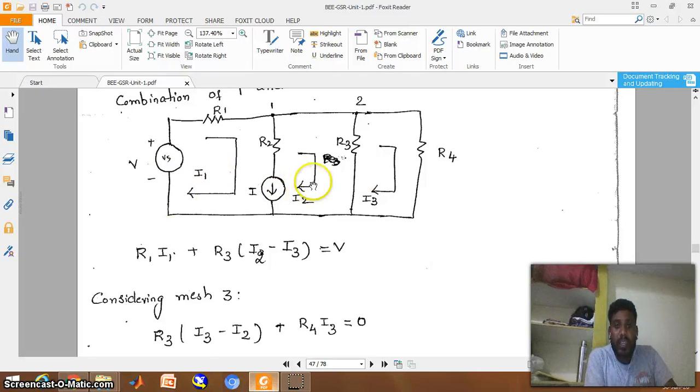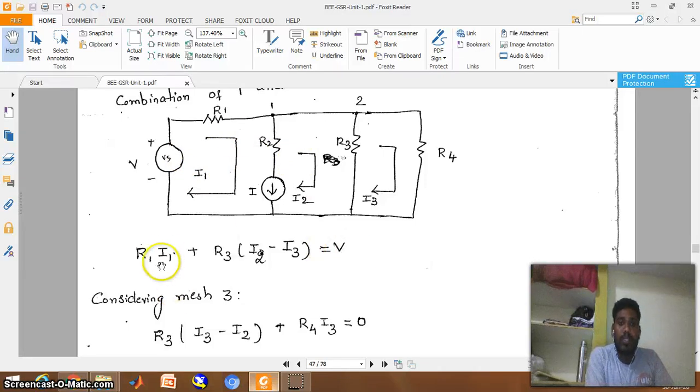So we write the KVL equation at the same time. The sum of source voltages is equal to the sum of voltage drops. Here in mesh 1 and mesh 2 one voltage source is there, so V is equal to the sum of voltage drops.